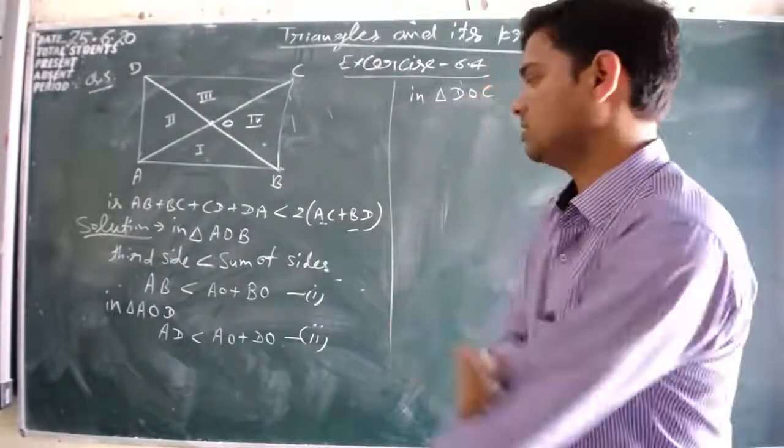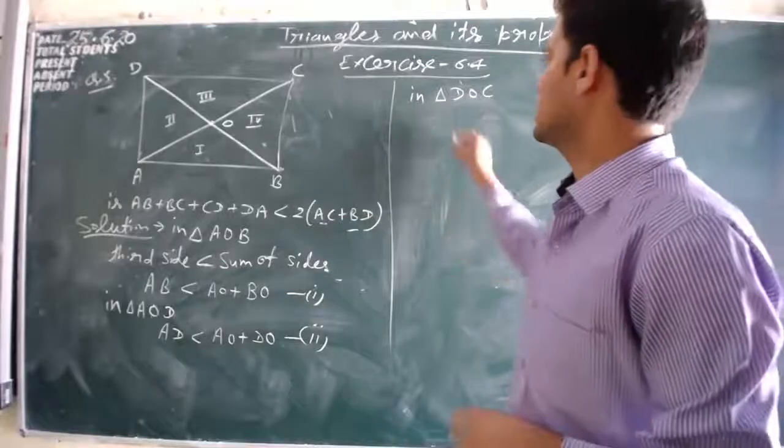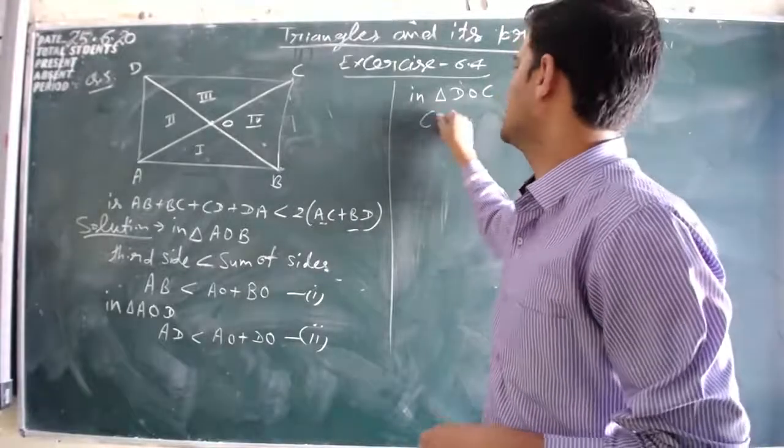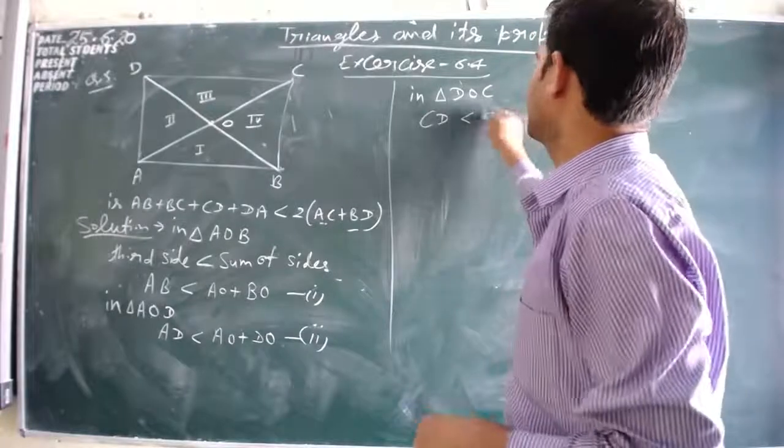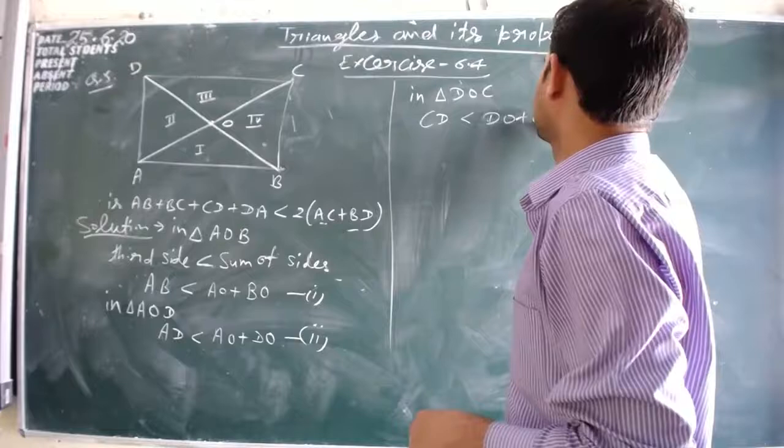In triangle DOC, we will see the third side is CD, less than OD or DO plus OC.